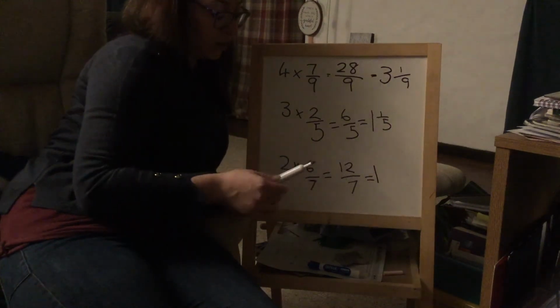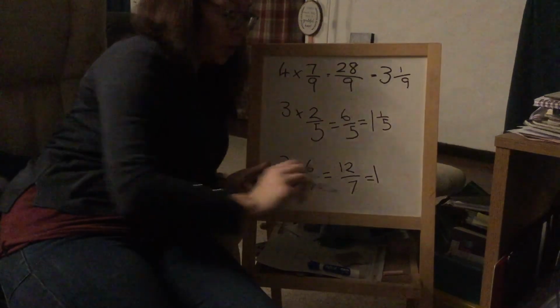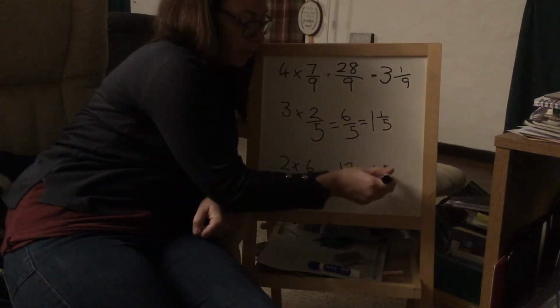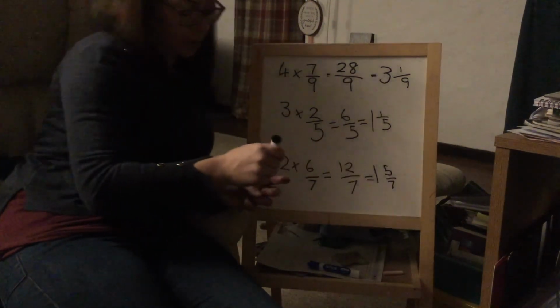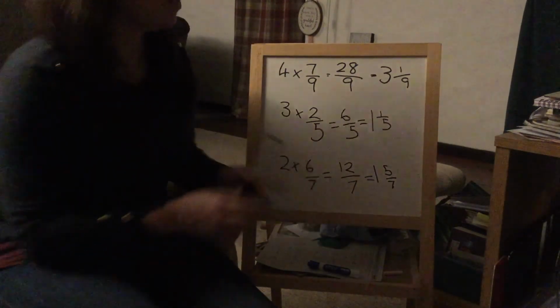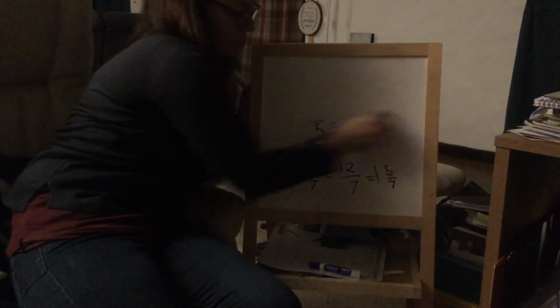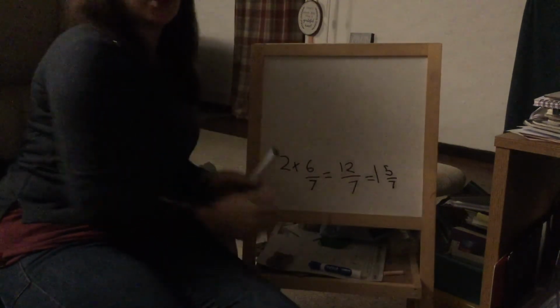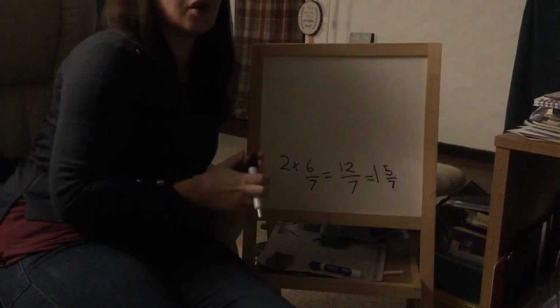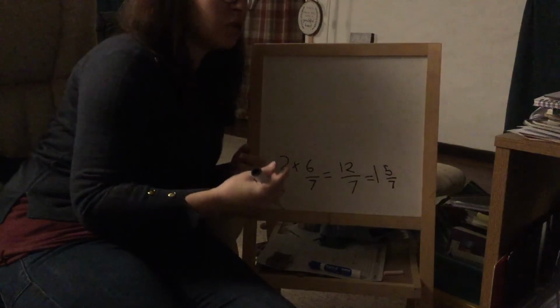And then we'd have 8, 9, 10, 11, 12, so 5 left over. 5 over 7. Now I don't think there were many that could be simplified yesterday, but I do want you to simplify as well if possible. We've been doing fractions a lot now. You're becoming much more familiar with them. I know that you can all do that.